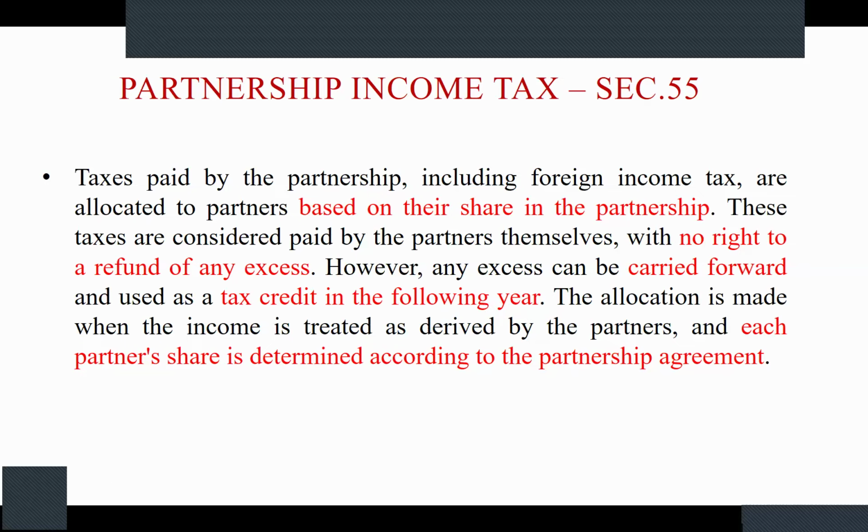If there is a balance, it cannot be requested from the Inland Revenue Department. The allocation is made when the income is treated as derived by the partners and each partner's share is determined according to the partnership agreement. So this is how we have to allocate that credit.